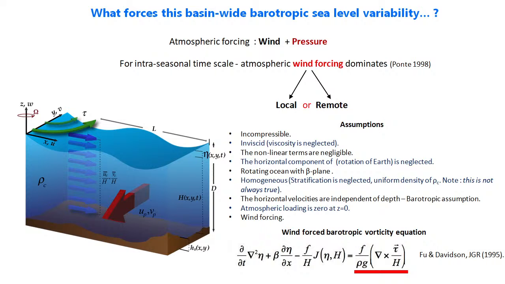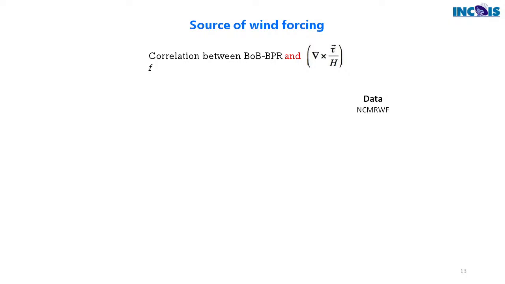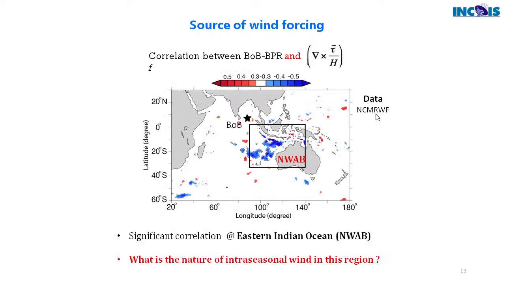So to identify the wind source, we correlated the same BPR that we used for the GRACE correlation, the Bay of Bengal BPR, with the source term of our wind barotropic vorticity equation, curl of tau by h. The data was taken from NCMRWF winds, and this was the correlation pattern.